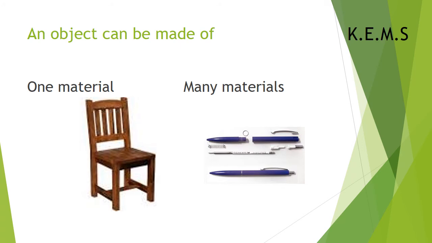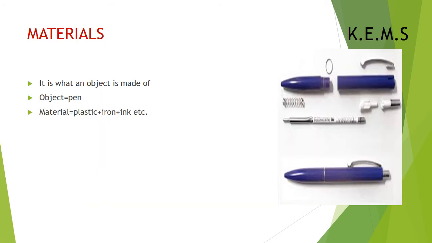There is ink inside the refill, and you can find some iron and fibers. Many kinds of materials can be used for making the pen. So we can broadly say that an object can be made of one material, or of many materials.